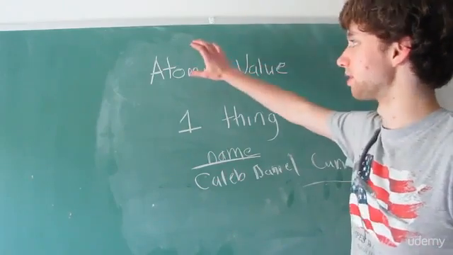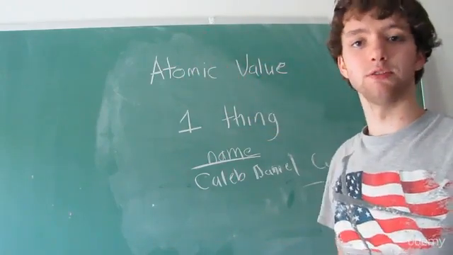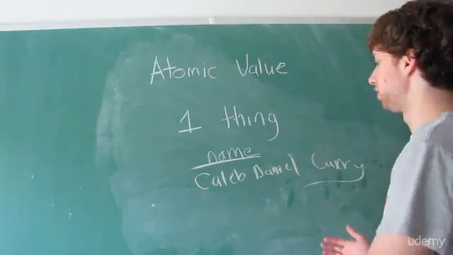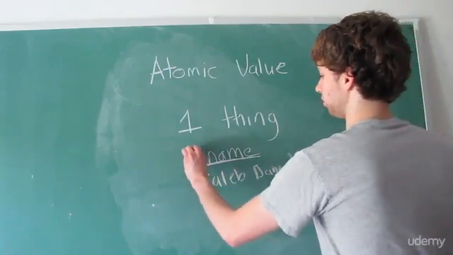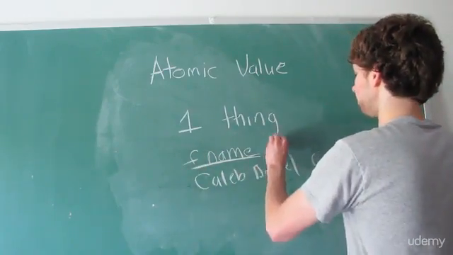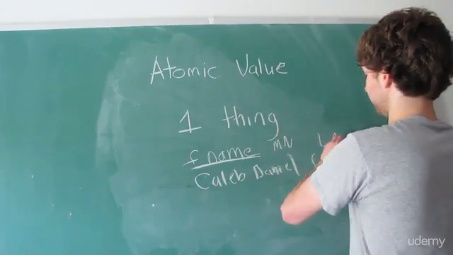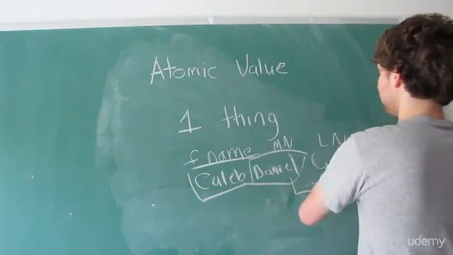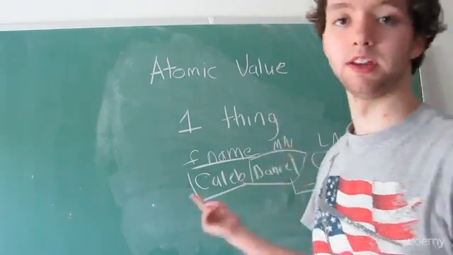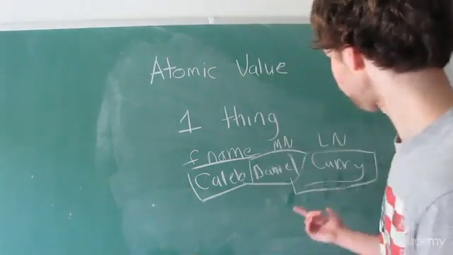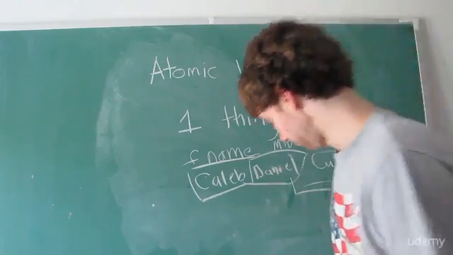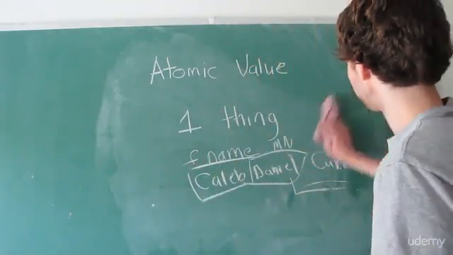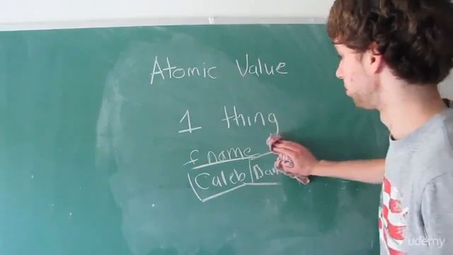So if we wanted to make this atomic, the best thing to do for database design would be to break this up into first name, middle name, and last name. So now we have Caleb, Daniel, Craig. Three separate names.